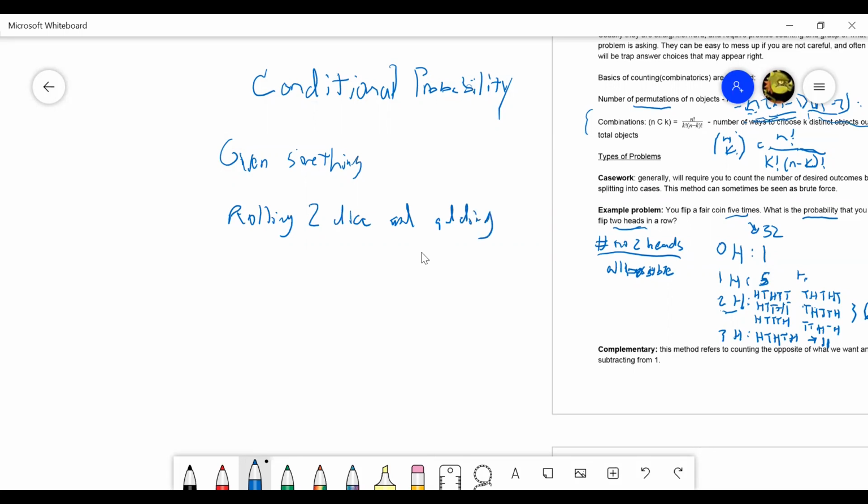A conditional probability problem would ask something like, what is the probability that you rolled at least 1 5 given that the final sum was 10? So given sum equals 10, what was the probability of rolling a 5?